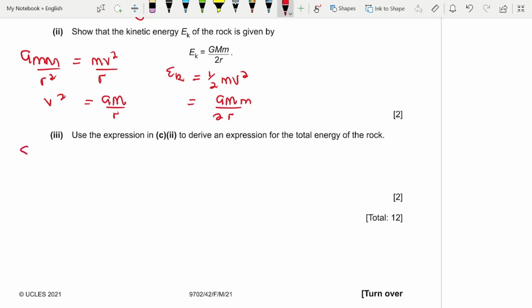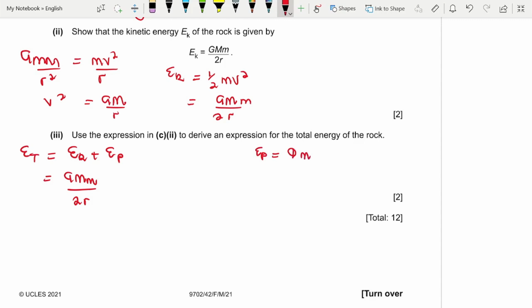So total energy, right? Your total energy is going to be the sum of your kinetic energy plus your gravitational potential energy. Your kinetic energy, we have it, GMm divided by 2r. But then your potential energy, however, is a little bit tricky, right? Because if you think of it, potential energy is described as gravitational potential multiplied by m, right?